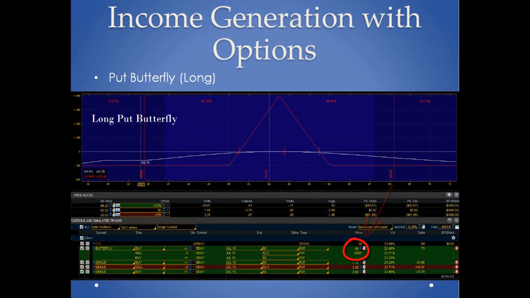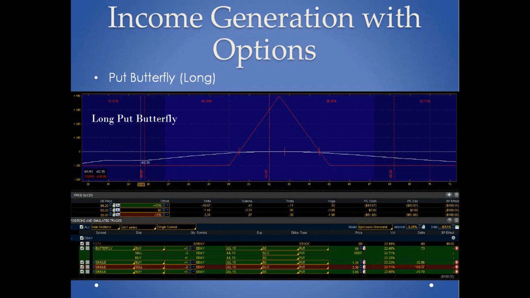Remember, because the underlying is 100 contracts, we multiply our debits and credits by 100. As you can see below on the breakdown, for the 60 puts, we paid $1.25, and then we sold two 62 and a half puts for $2.30. Because we did two of those on that particular strike, we need to double it, so $4.60 is the total.